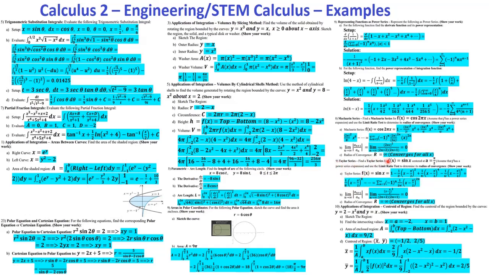Find the Taylor series for f of x equals sine x at a equals pi over 2. You will end up with 1 minus 1 over 2 factorial times (x minus pi over 2) squared plus 1 over 4 factorial times (x minus pi over 2) to the 4, minus 1 over 6 factorial times (x minus pi over 2) to the 6, plus 1 over 8 factorial times (x minus pi over 2) to the power of 8.